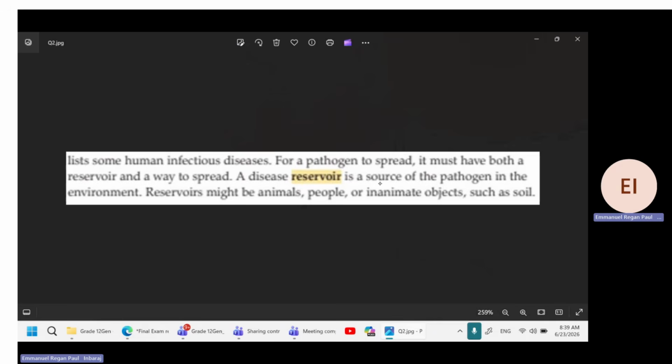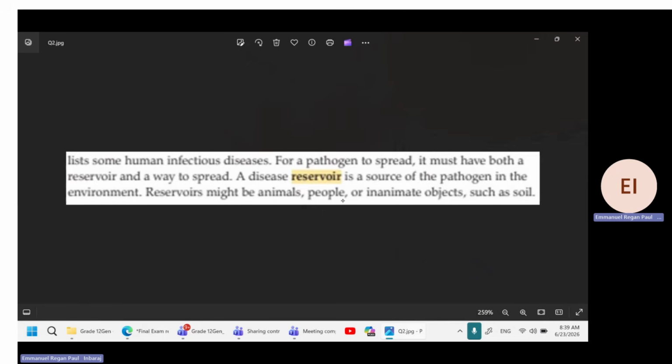That means a reservoir is a place where bacteria, viruses, fungi, all these organisms live. A disease reservoir is a source of pathogen in the environment. The reservoir can be animals, people, or an inanimate object such as soil.